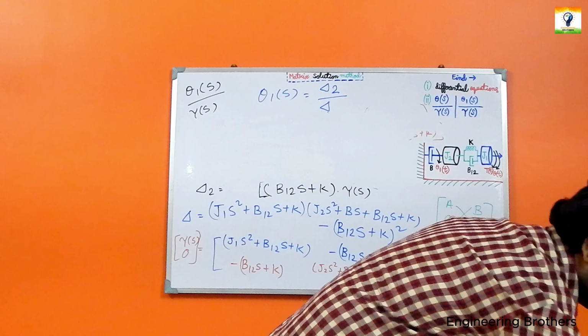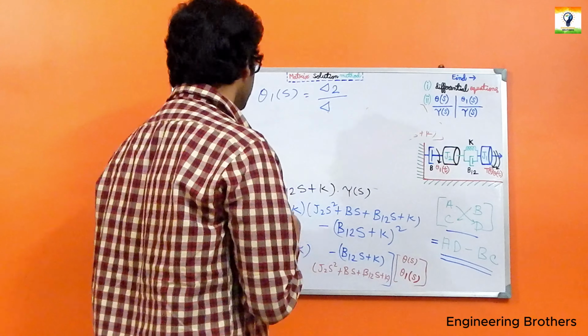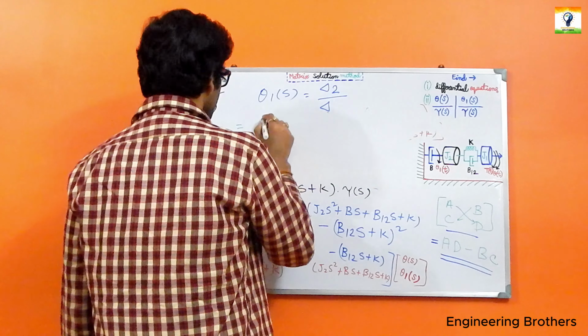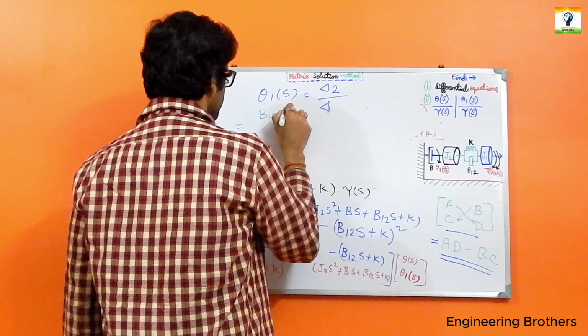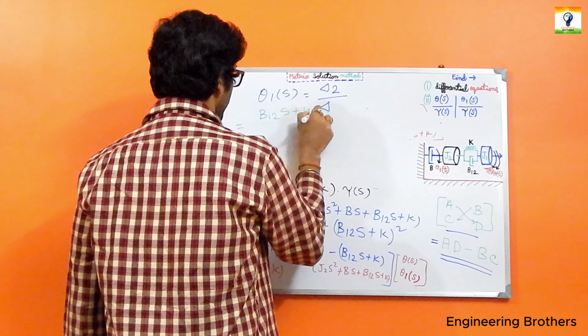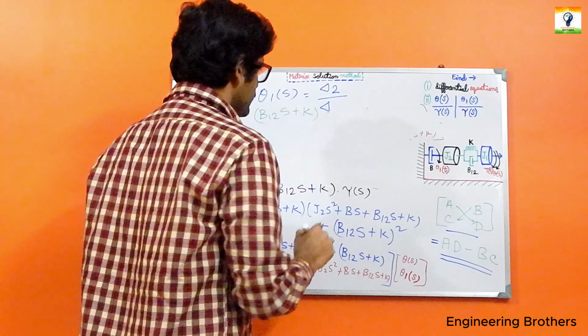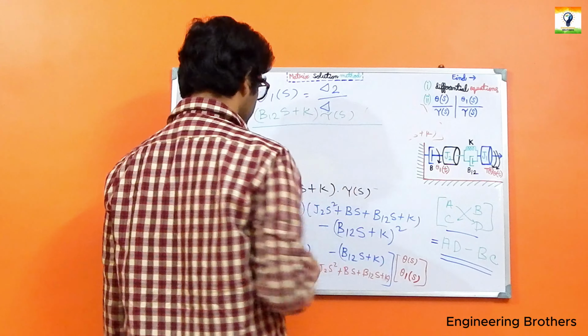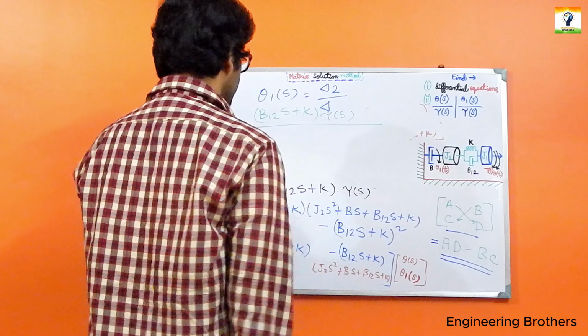Now, without wasting any time, let us just put that in our given equation. The delta 2 will be our b12s plus k multiplied with our tau s, divided by the denominator portion, which will be our delta.